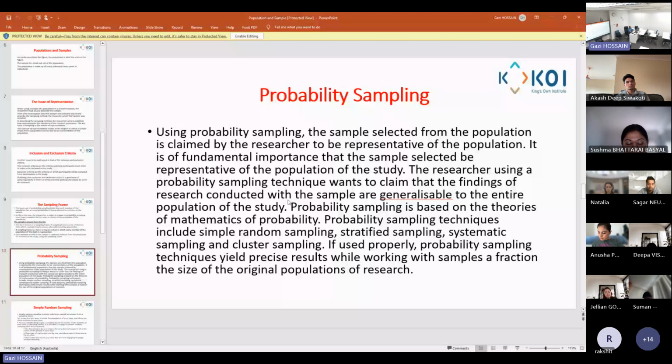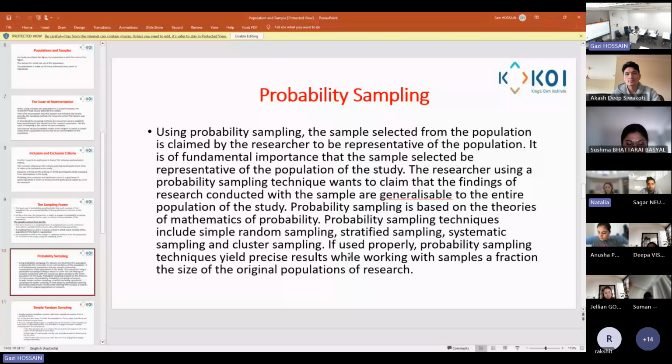So probability sampling is based on the theories of the mathematics of probability, which means equal chances. The probability sampling techniques include simple random sampling, stratified sampling, systematic sampling, and cluster sampling.